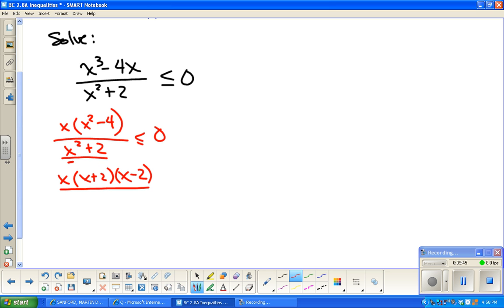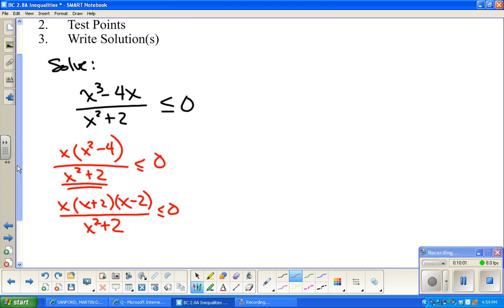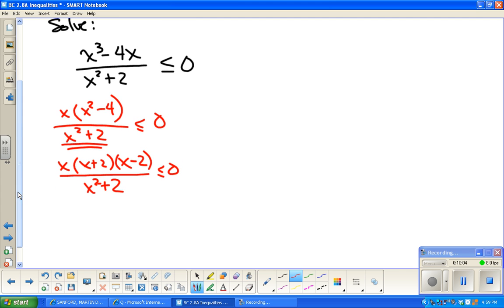Now on the bottom, this doesn't factor. X squared plus 2 is just x squared plus 2. The other thing you're going to hopefully notice is that x squared plus 2 is always going to be positive, so it's really not an issue. I'm going to include it in everything I do with the sign chart, but we'll just speed right through that little part.